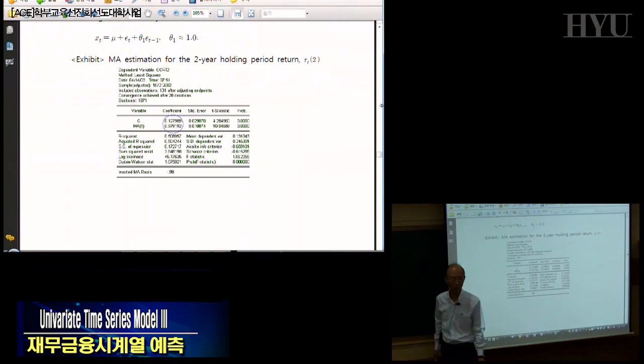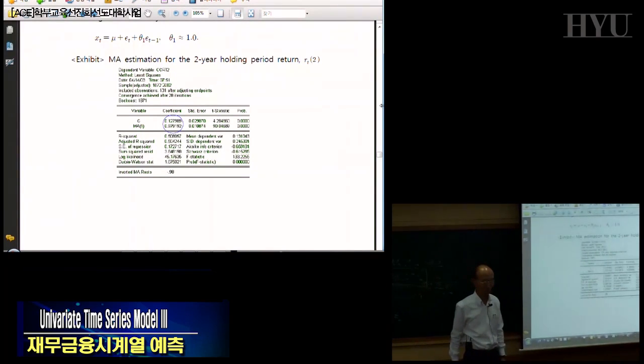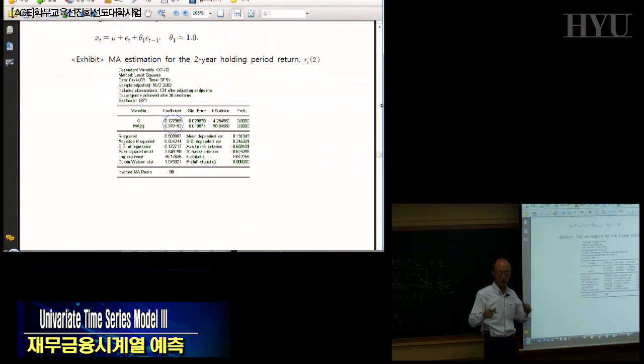Which one is smaller? So there is no match between the AR(5) process for 2-period return compared to the MA(1) model. If the two are competing, this is the winner.